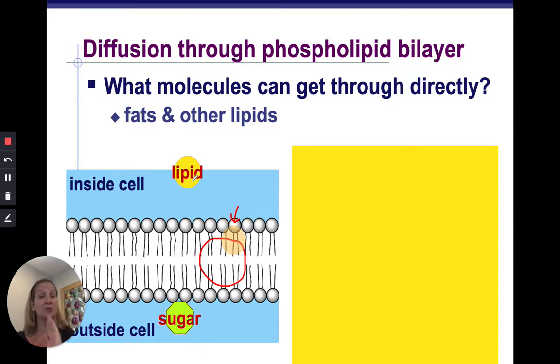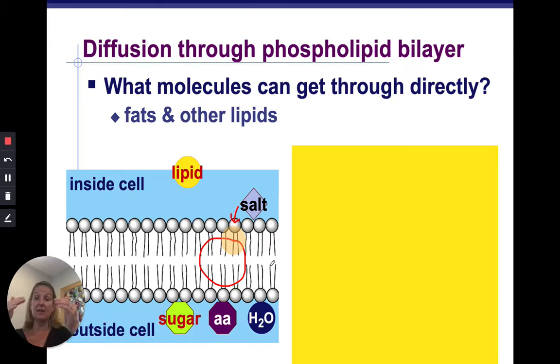Sugars cannot go straight through. They need a transport channel. Amino acids cannot go straight through. Water, we used to think could go straight through, but then we learned that it has to go through teeny tiny pores called aquaporins that I mentioned the other day. The reason it can't go straight through is the hydrophobic interior here. That's blocking it.